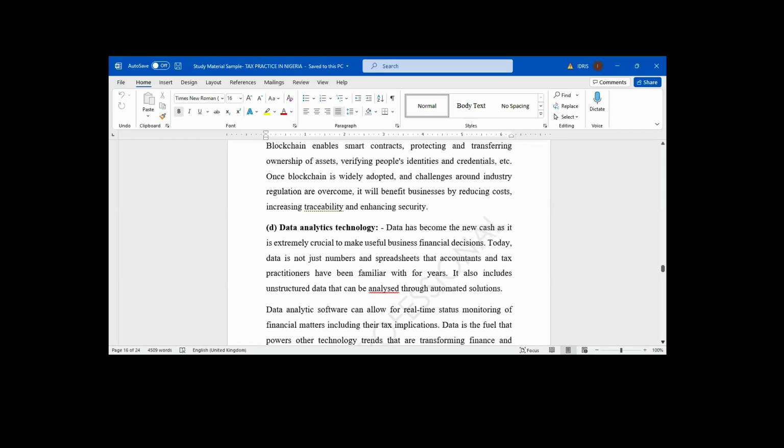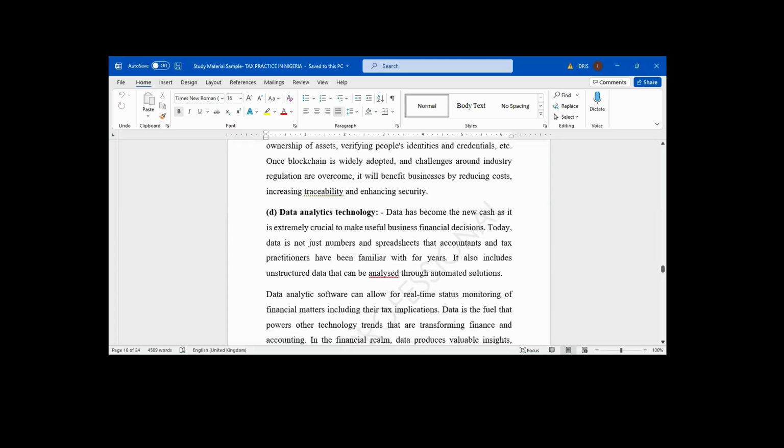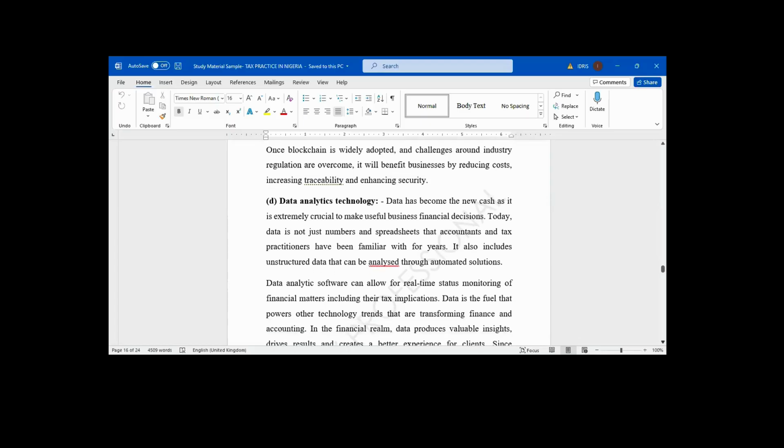The most common data analysis technology is Microsoft Excel. Tax authority makes use of it to analyze the bank statement of the client, to compute their tax, to compute the additional assessment during the tax audit.